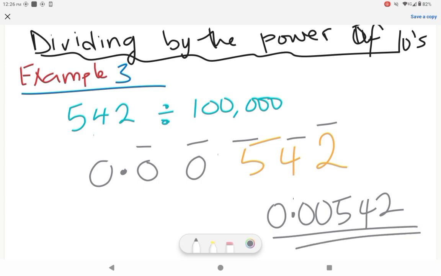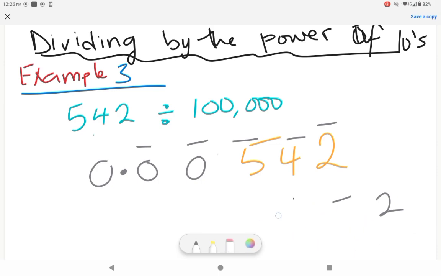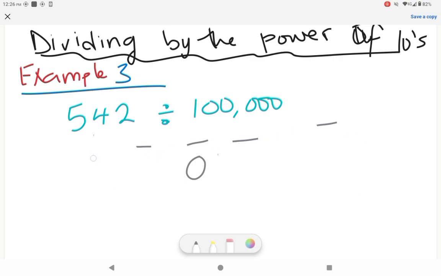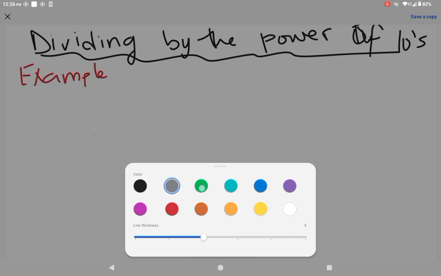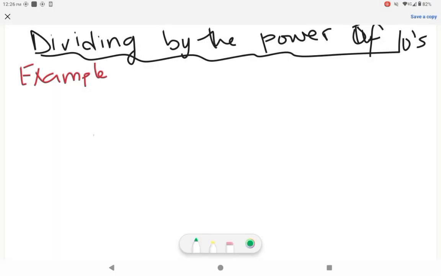Okay, what if we have decimals? How can we now divide while we have a decimal? Let's look at an example like 0.5 divided by 100.